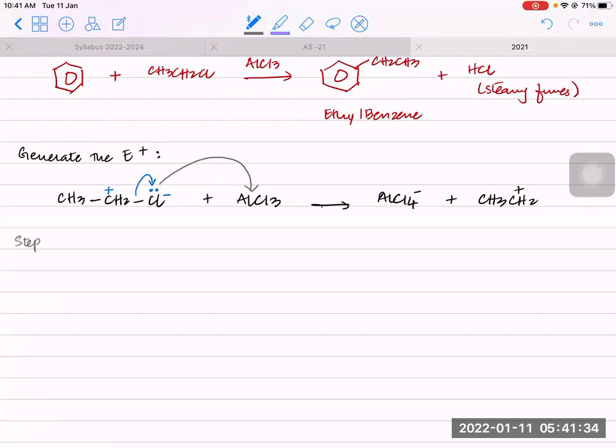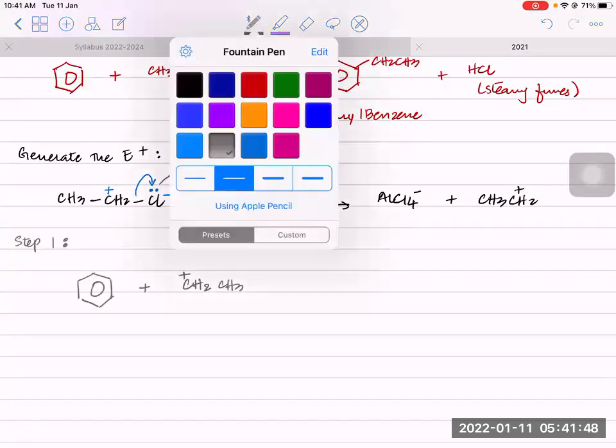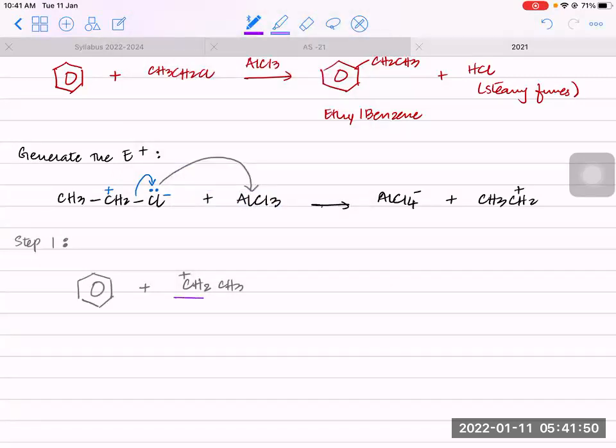So there will be step 1 of electrophilic substitution. What is step 1? In step 1, we will have the benzene ring. This benzene ring, along with CH2CH3 plus, this is your ethyl electrophile. You will show an arrow going from the pi ring to the positive electrophile, making a 4-valent carbocation intermediate.